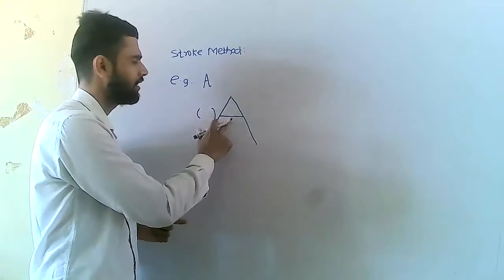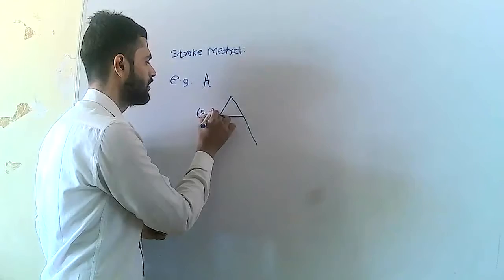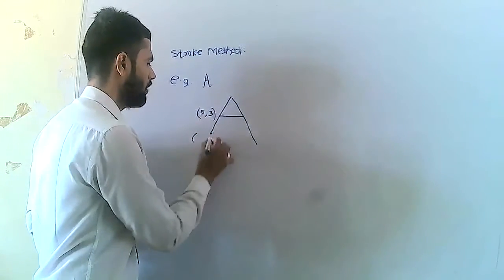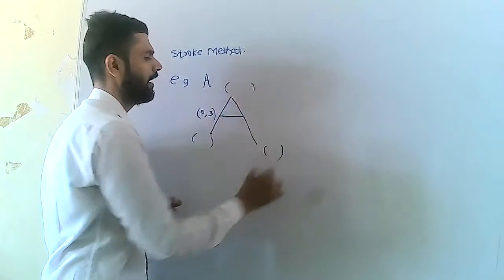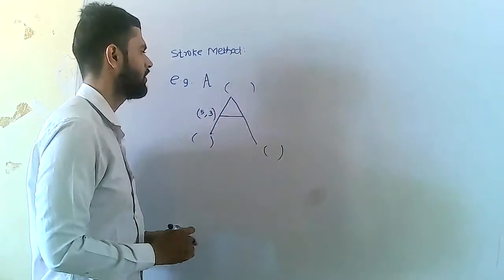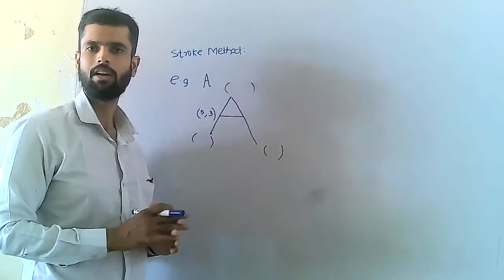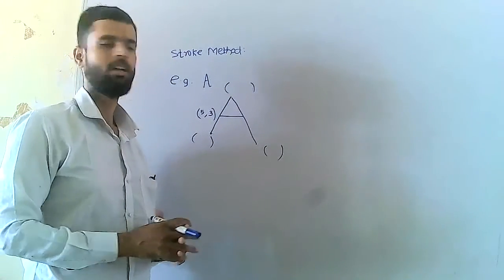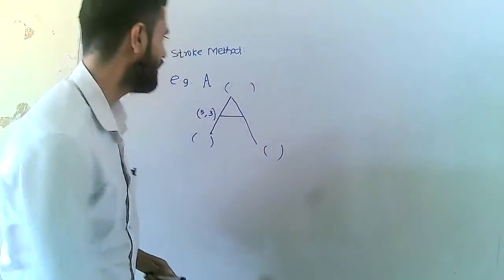Suppose for example for this line the coordinates will be 5 comma 3. Then we also have to represent the coordinates for this point, then this point, and this point. So this all happens with a set of line drawing commands, and by combining these commands, we can draw different characters. Okay, this is all about the stroke method.